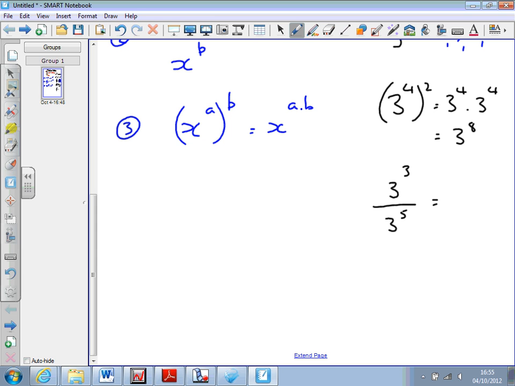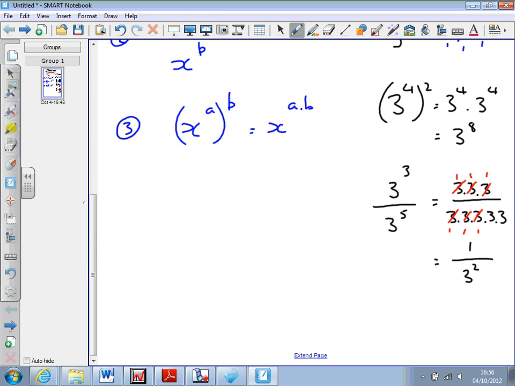Using the idea of what this means, I get 3 times 3 times 3 over 5 lots of 3. Cancelling, I can cancel one lot of 3's, another lot of 3's, and another lot of 3's, so I can replace them with 1. So on the top, I've got 1 times 1 times 1, which is 1, over 3 times 3, or 3 squared.